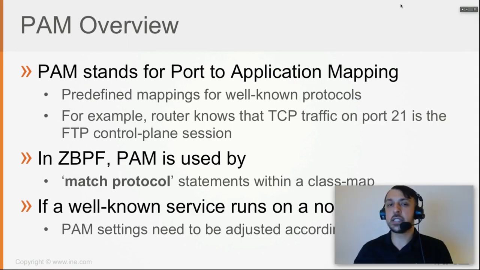As you're going to see, if I have that FTP session running over TCP 2121, the router is not going to let that session work at all. Because by default, from the router's point of view, the FTP control plane session runs on TCP port 21, not on TCP port 2121.